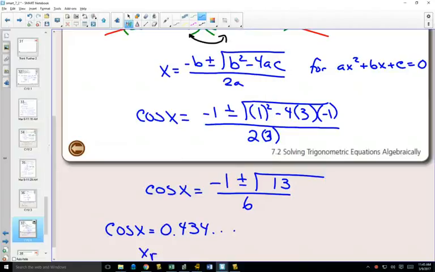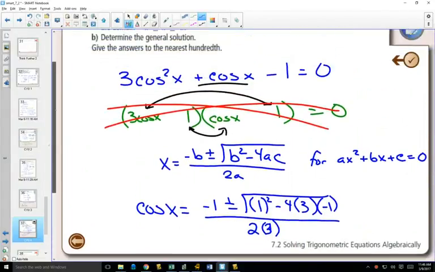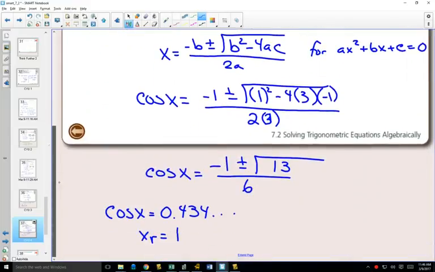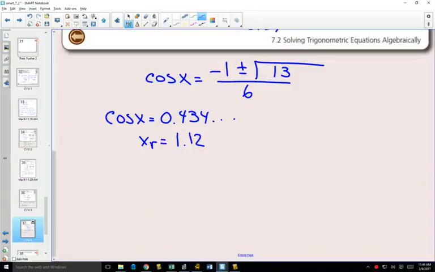So my reference angle for this one, are we dealing in radians? Yes, we're dealing in radians. So 1.12. I'm going to solve this one completely. If cos of x is 0.43, cos is positive. That means it's in quadrant 1 and it's in quadrant 4. So my answer in quadrant 1 will be exactly the same as my reference angle.